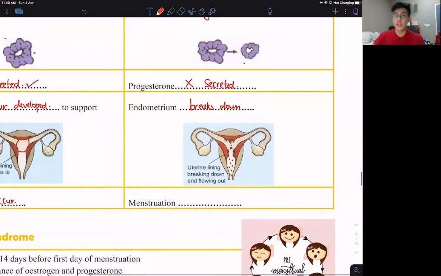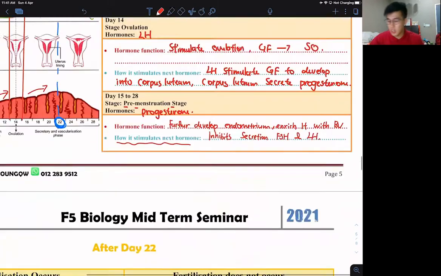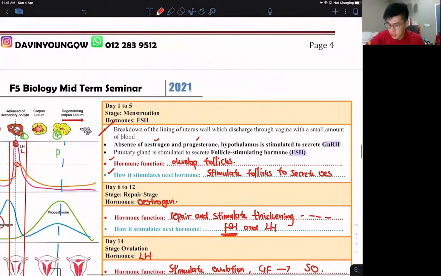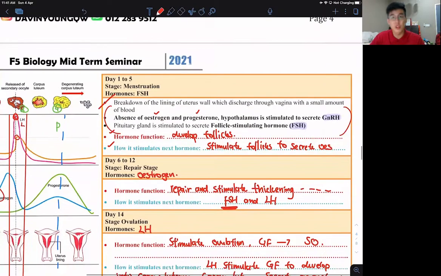And that's why when there's no progesterone, the wall will not develop and then menstruation occurs. So when no progesterone, then FSH will start to be secreted already. That's why I come back over here, look at this sentence: absence of estrogen, progesterone, hypothalamus secretes GnRH, and then it will stimulate FSH and the whole thing will repeat again.